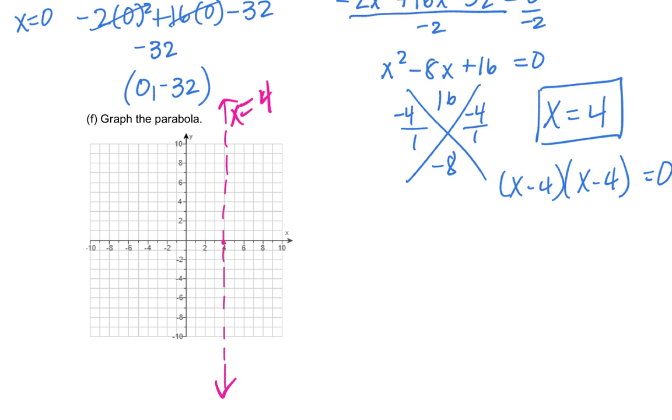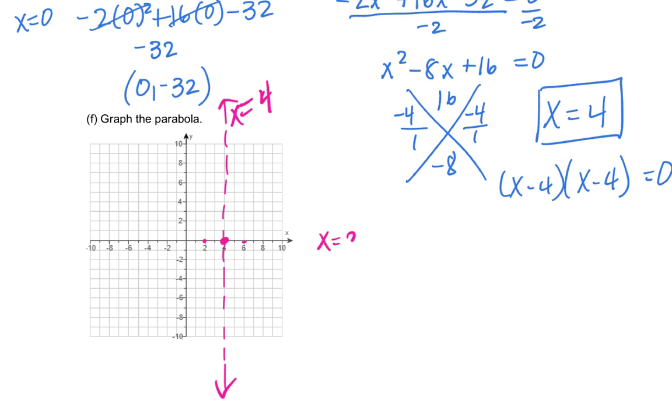So my x-intercepts, there's only one, which is the vertex. Well, that's not enough. I've got literally 1 point because the other one is the y-intercept, which I can't get to. So pick a number to the left of your axis of symmetry, pick a number to the right. I'm going to choose 2 and 6.